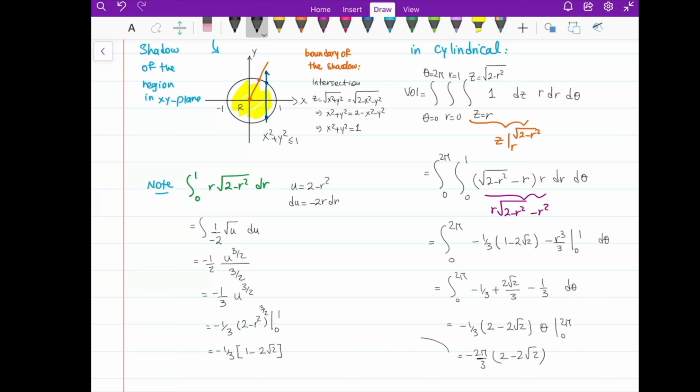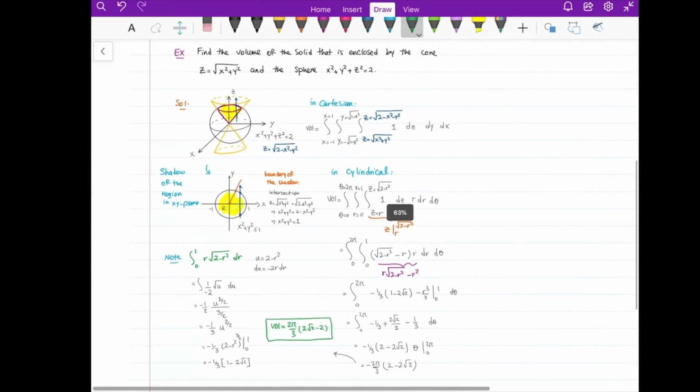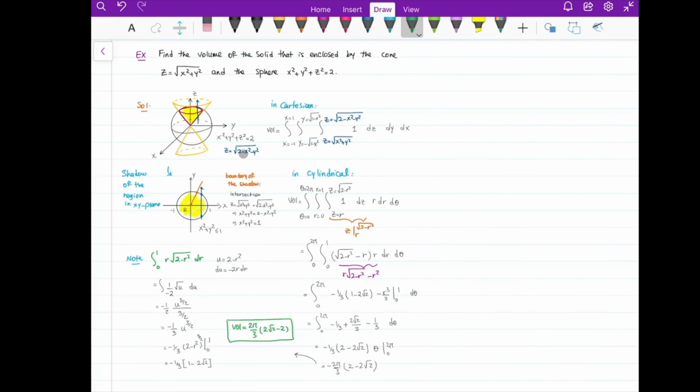So I'm gonna write over here that the volume is equal to, I can factor the 2 in here, so this part is also negative. So I factor out the negative times another negative, it will be positive 2 pi over 3, and then 2 root 2 minus 2. That's the volume of the solid that is between these two.